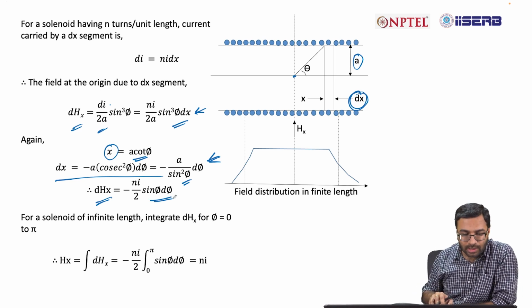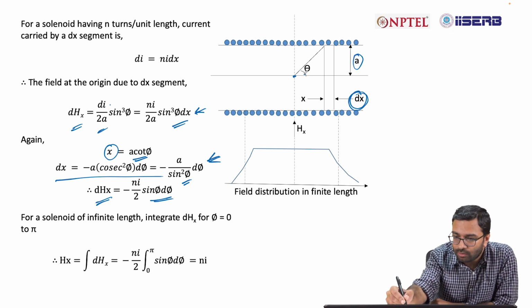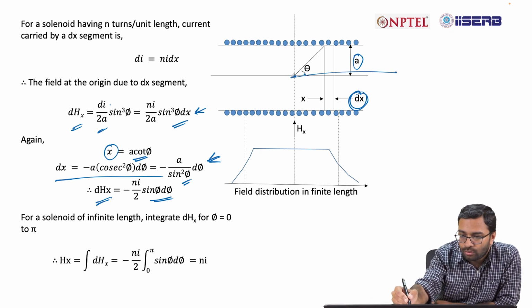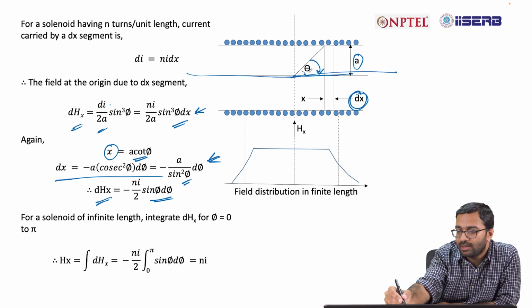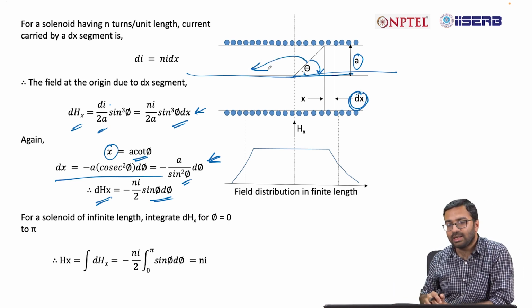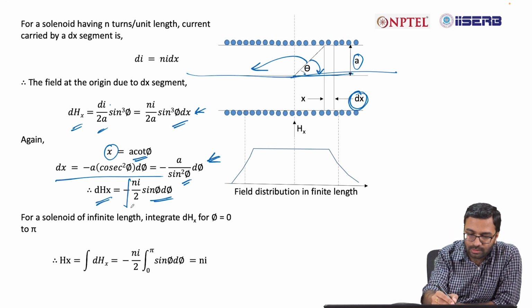Now, for a solenoid of infinite length, the value of phi will be from 0 to pi, because if you consider this coinciding with this line, then the value of phi is 0, and when it is in the opposite direction, it is creating an angle phi. That is why we can integrate the entire equation from 0 to pi, that is 180 degree.